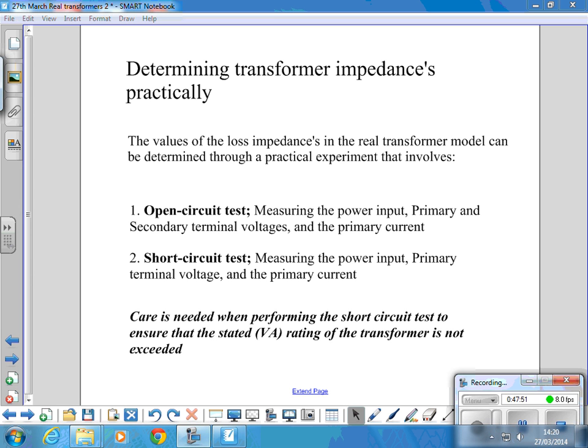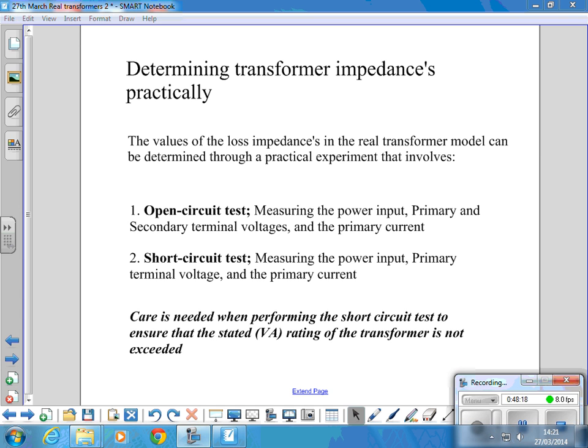If we want to determine the transformer's impedance practically, we could do it with these transformers as well. The values of the loss impedances in real transformers, both the core losses and the flux losses and resistances, can be found by practical experimentation.